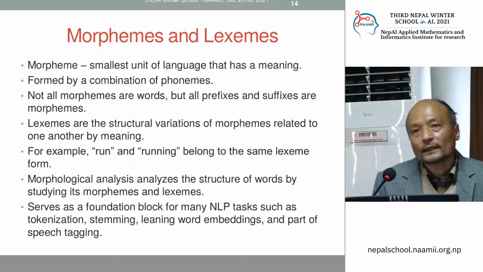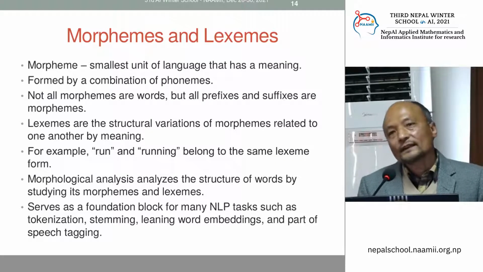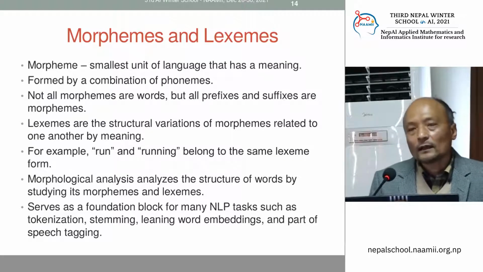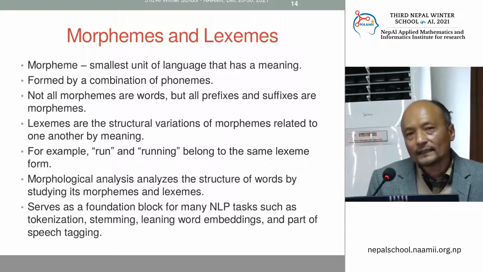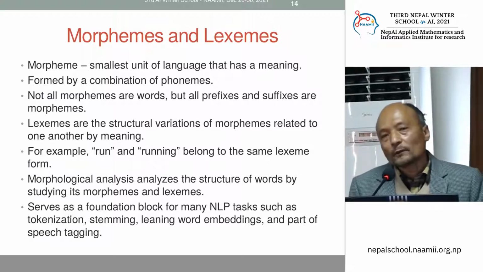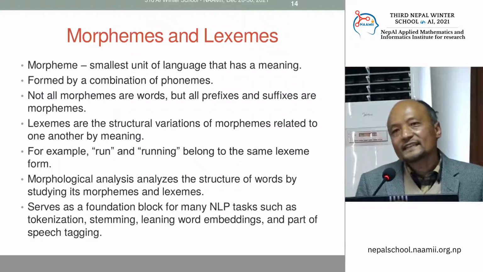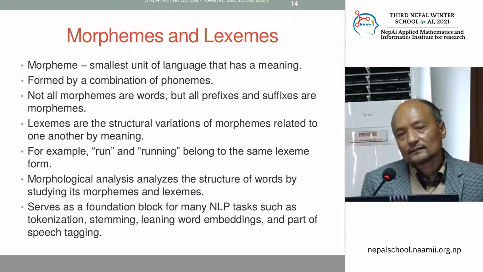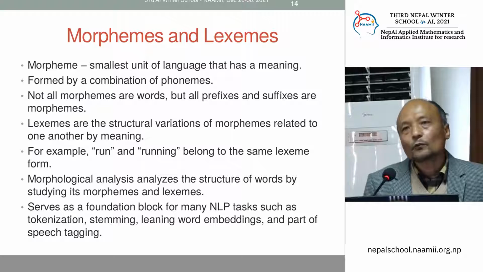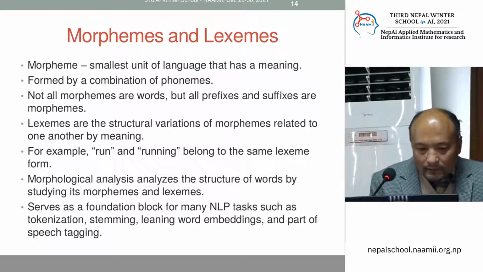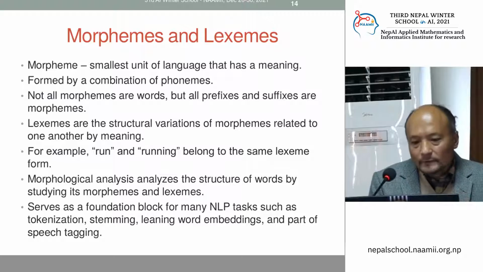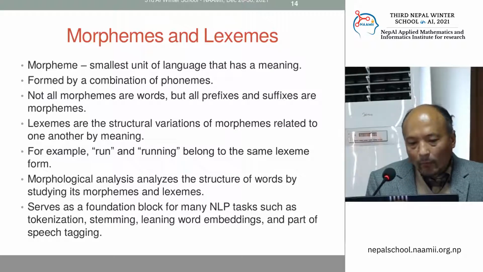You have heard about word2vec and GloVe and all those different word embedding schemes whereby the words are converted to numeric form, and then you do some relational analysis between these different words that occur in the text. And of course, also part of speech tagging. So lexemes and morphemes form a foundation block for different speech tagging tasks as well.